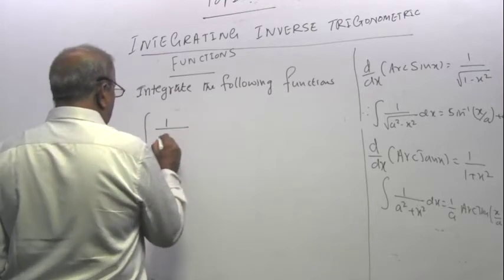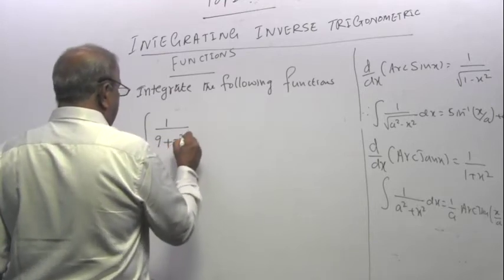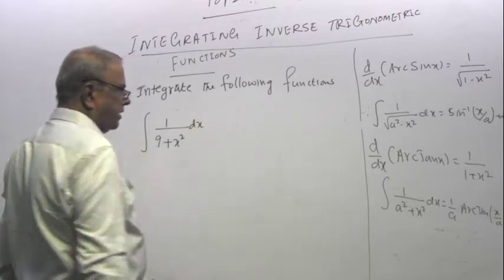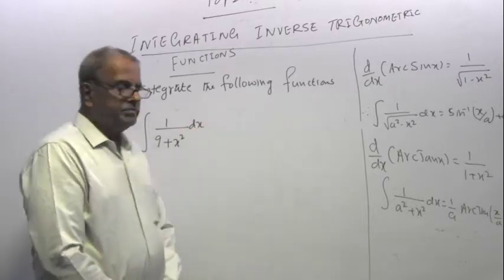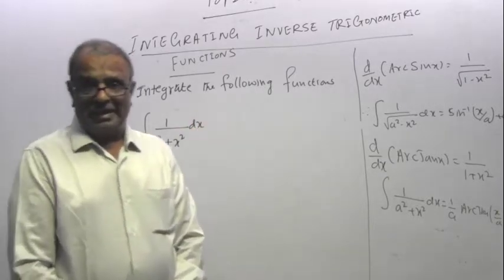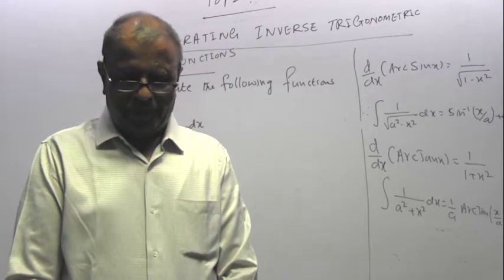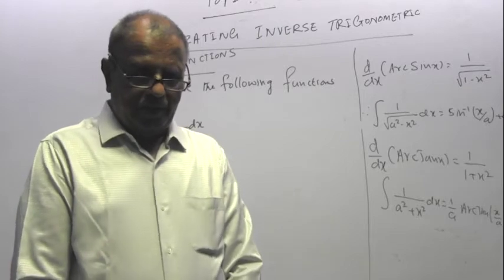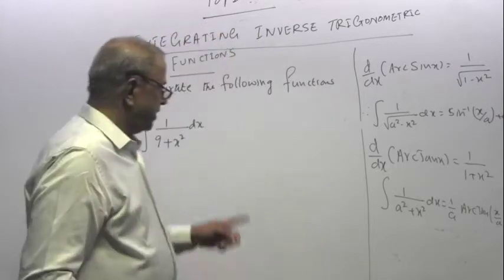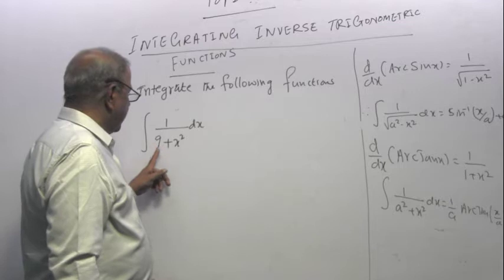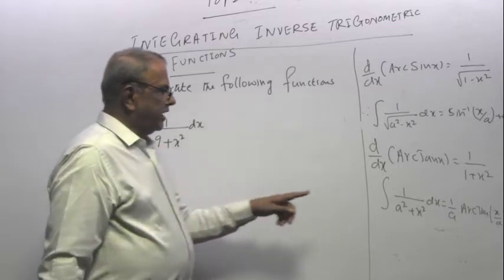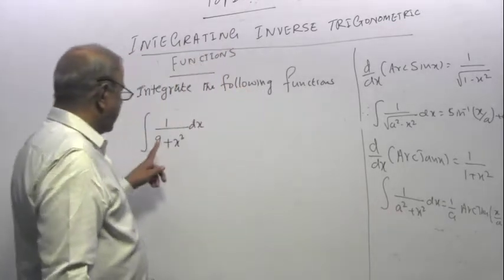Integral 1 over 9 plus x squared dx. Remember, first method of integration. Can I apply the formula directly? If so, figure out what it resembles. This resembles 1 over a squared plus x squared. In place of a squared, I have 9.